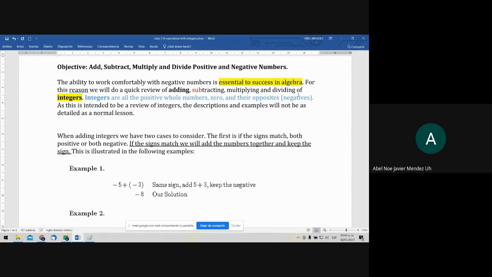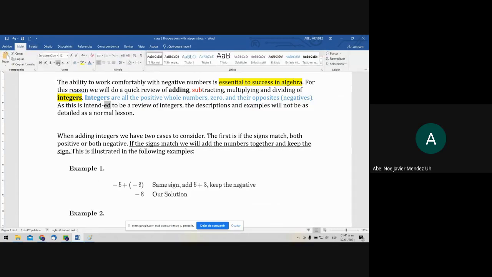As this is intended, okay, here we can make a parenthesis with this word, because we have the ending ed here. We can remember the rule for when we need to read the ending ed, in intended.